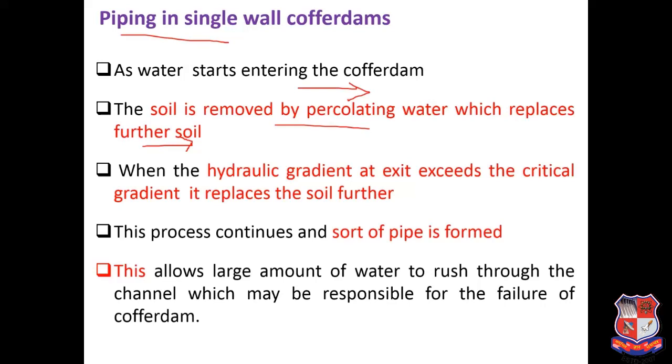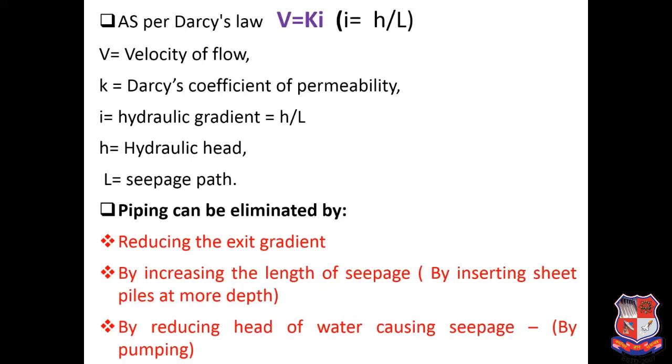So when the hydraulic gradient at the exit exceeds the critical gradient, it replaces the soil further. तो ज़्यादा से ज़्यादा soil remove होता जाएगा, and this process continues and sort of a pipe is formed. This allows a larger amount of water to rush through the channel and which may be responsible for the failure of cofferdam.